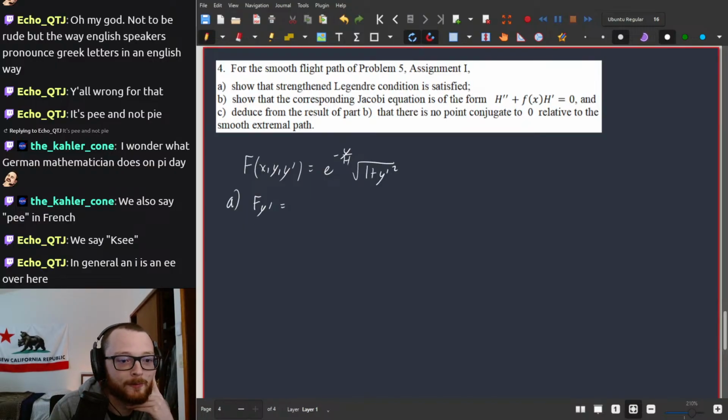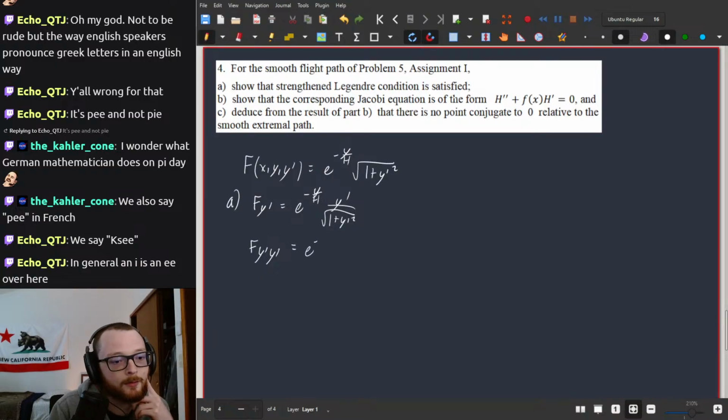Let's do this one derivative at a time. Then I guess we're quotient ruling for the second derivative. Ugh.